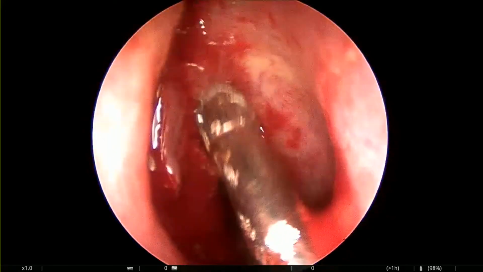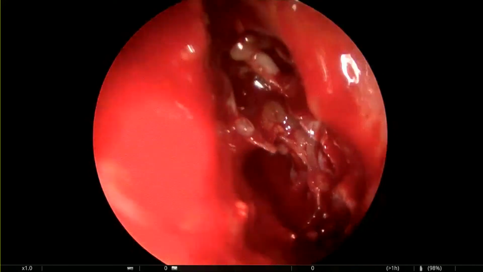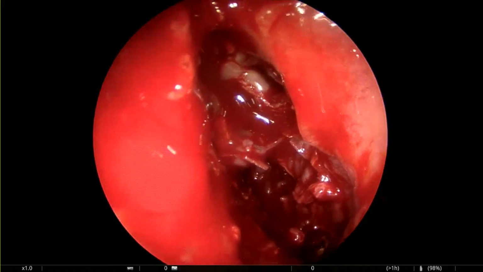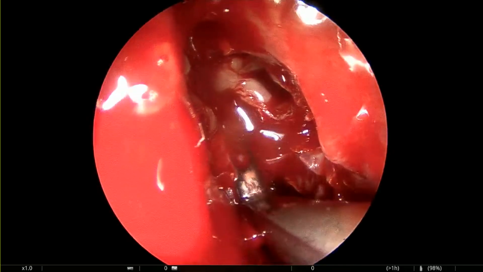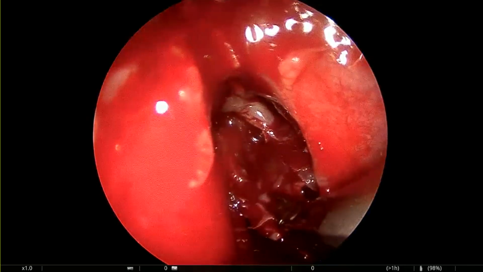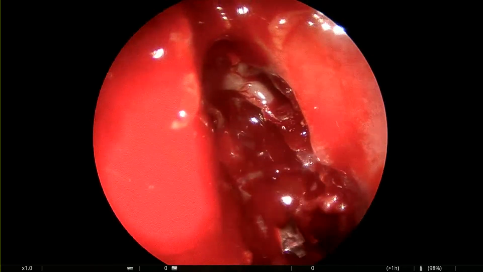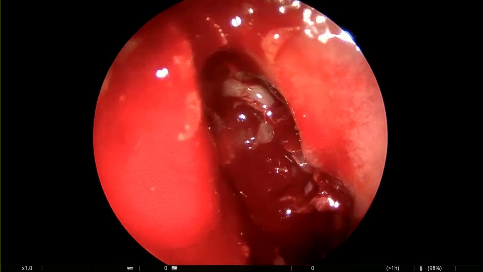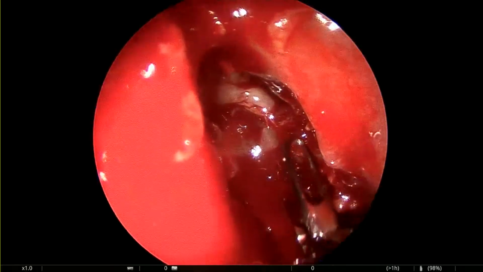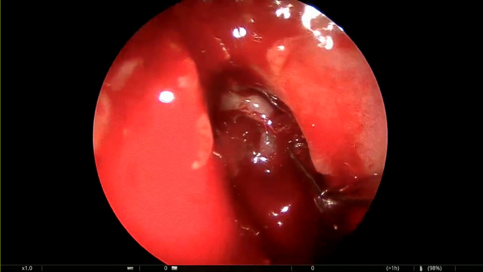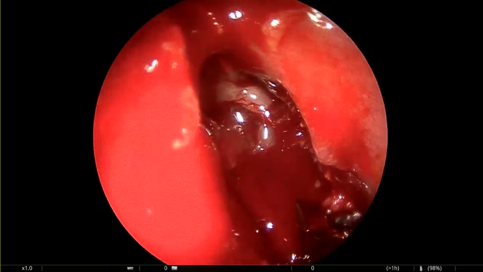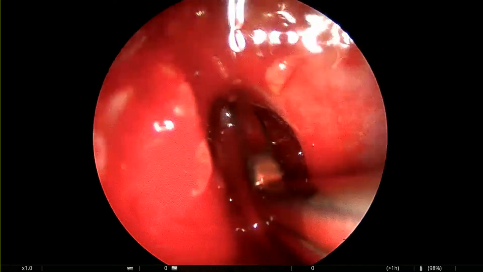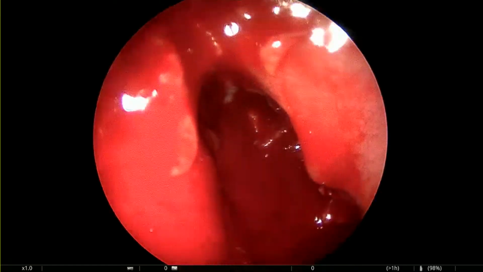Okay. So 45. This is the superior part of the entire wall of the sphenoid. So I remove it completely because we need to flatten this area. And don't forget that after this the patient needs some follow-up.